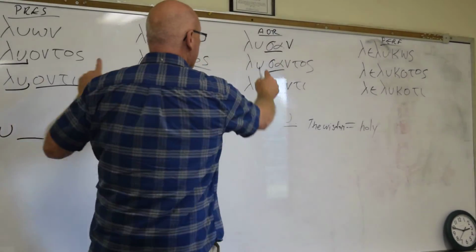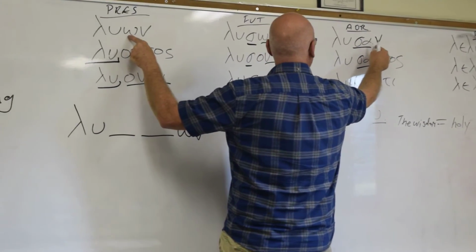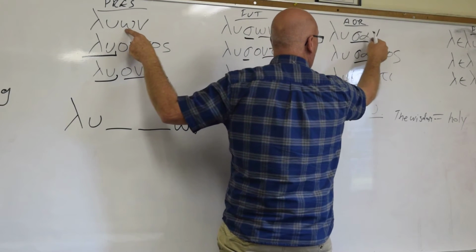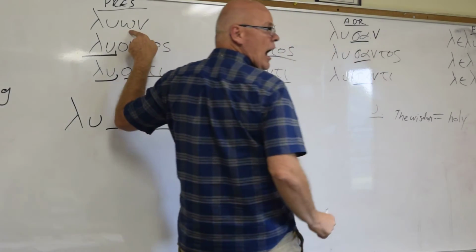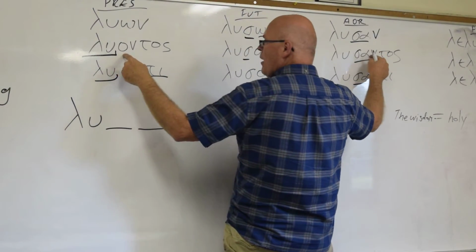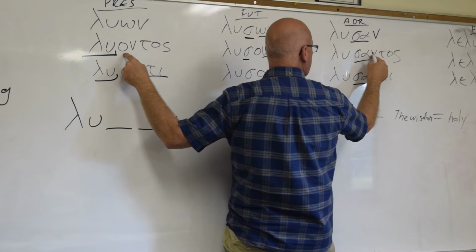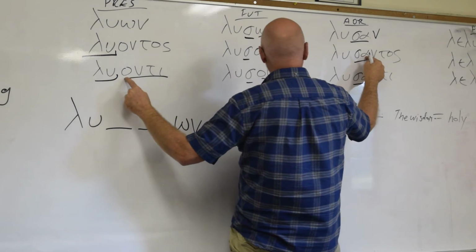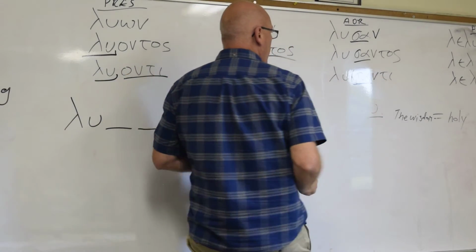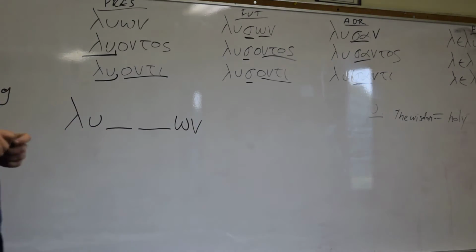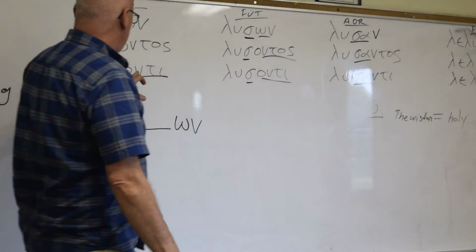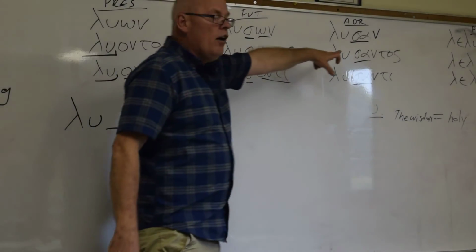See this drops out, right? The reason is because I've got an alpha. So when I have an alpha, I drop my initial vowel. Same thing over here: I dropped my omicron because I have this alpha. Same thing here. I drop out my initial vowel because of my alpha. But it's the same ending. It's just that initial vowel drops out because of the alpha.